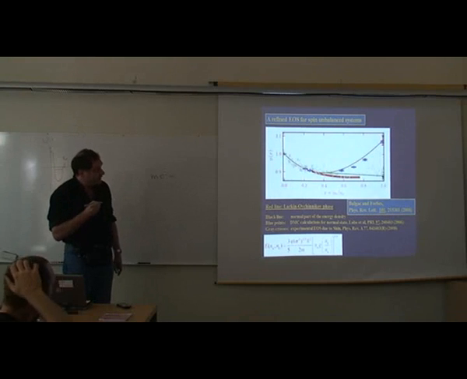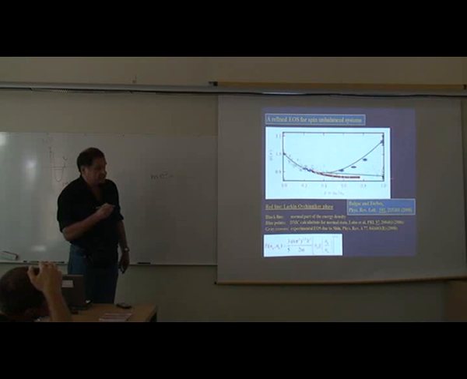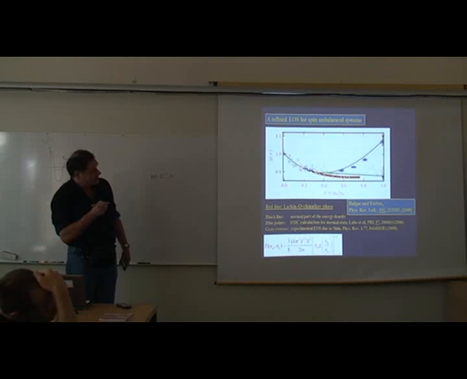If you allow pairing, you have no pairing up to here, but then you'll have LOF here, and from here to here you'll have a mixed phase. So you'll have a first order transition at this point, and the system will separate into a LOF and a fully polarized system. And on this side it will be polarized, but it will be normal. And at this point it's fully polarized.